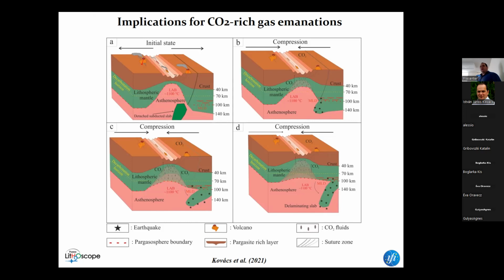So we can say that the asthenosphere is itself a mega magma chamber, because the asthenosphere contains partially molten material, as I told you, small. But if we consider the whole volume of the asthenosphere, and if we accept that there are very localized deformation zones which can go all the way to the asthenosphere, it's a reality.